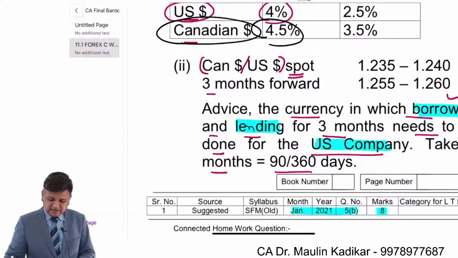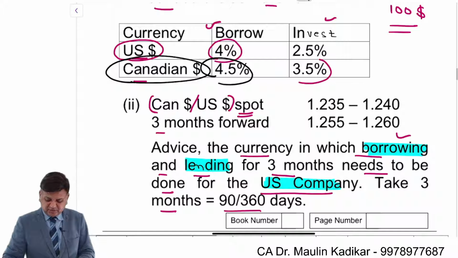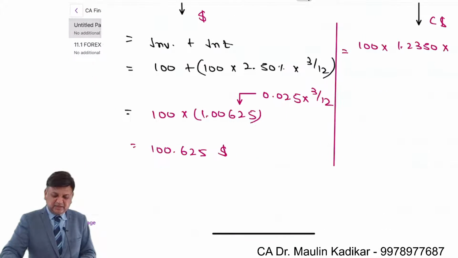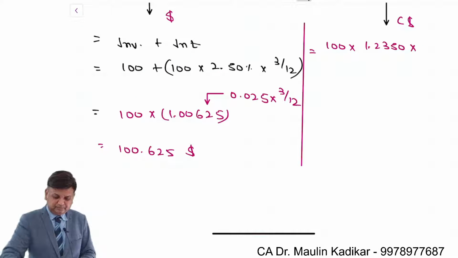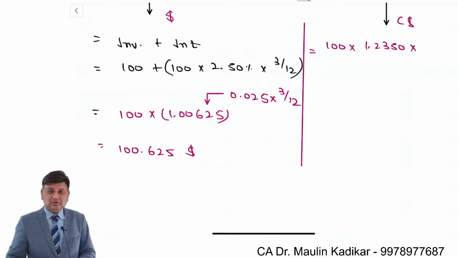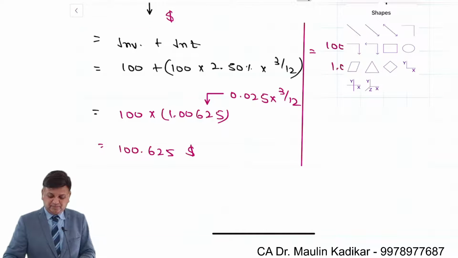Now the rate of interest provided is 3.5 percentage per annum, so it is 0.875 percentage for 3 months, into 1.00875. This will give us the maturity amount of the deposit in Canadian dollar terms.